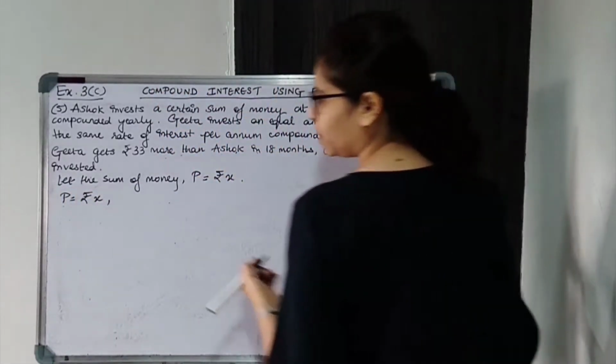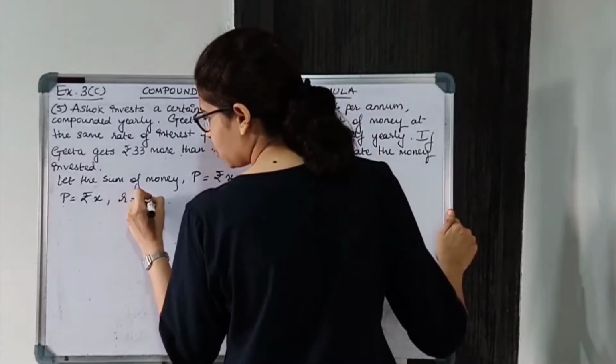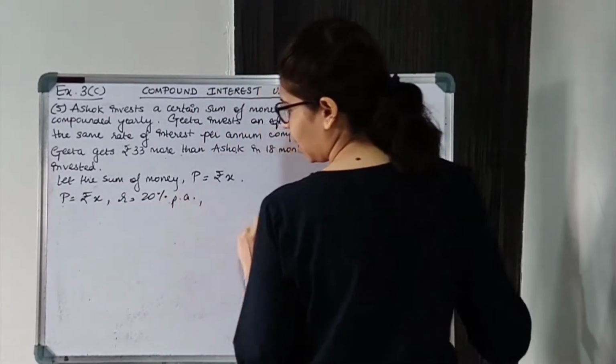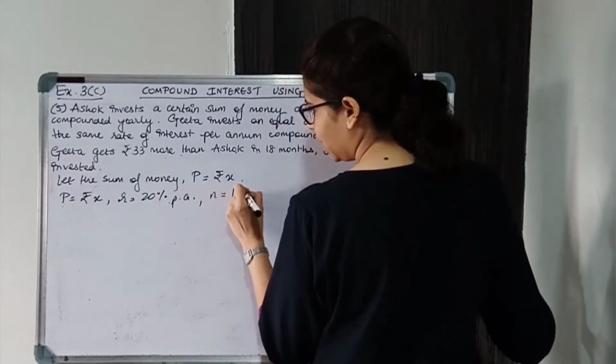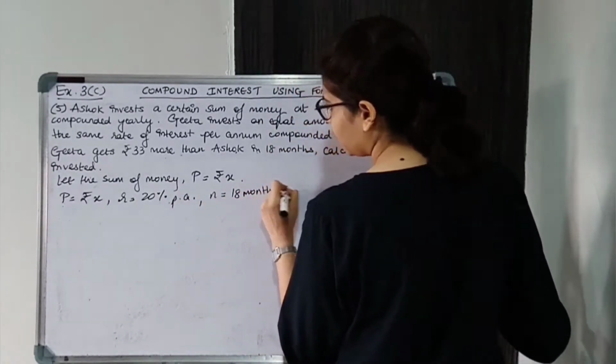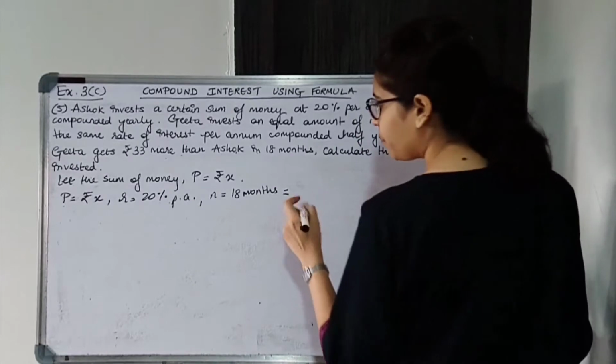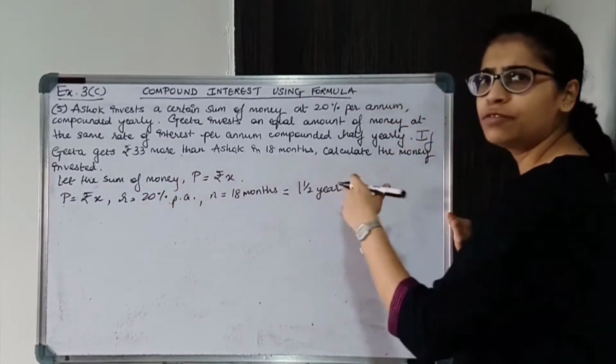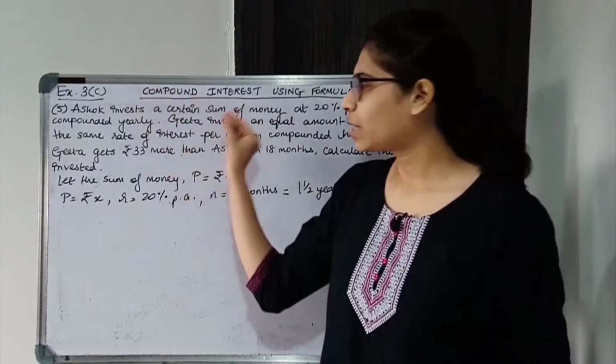Principal is x rupees, rate of interest is 20% per annum, and n is equal to 18 months. We won't keep it in months, we have to convert it to years, so it will be 1.5 years. This is the common information for both Ashok and Geeta.